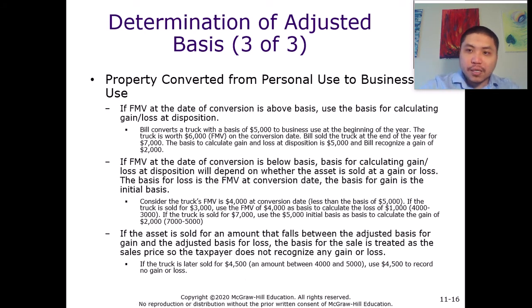So it all depends, first of all, on the fair market value at the conversion date, or at the receipt date. In this case, it all depends on the fair market value on the date that this property is transferred to the business. Then, depending on whether the fair market value is smaller or greater than the initial basis, we have to find the right scenario to apply to our case.